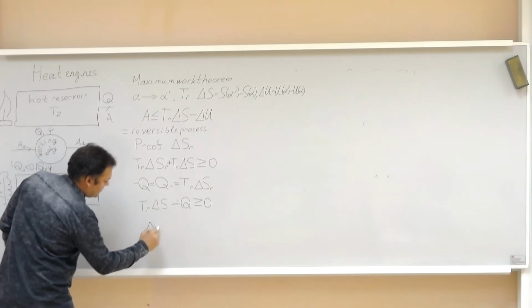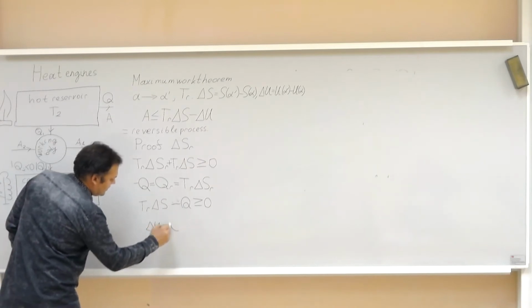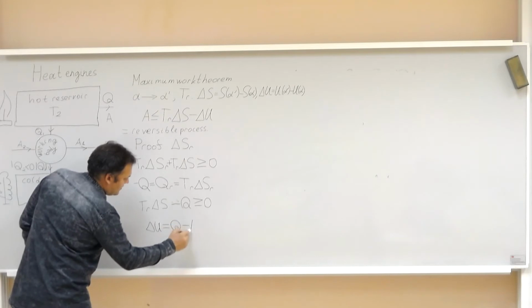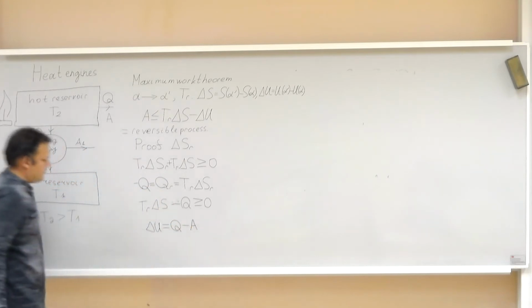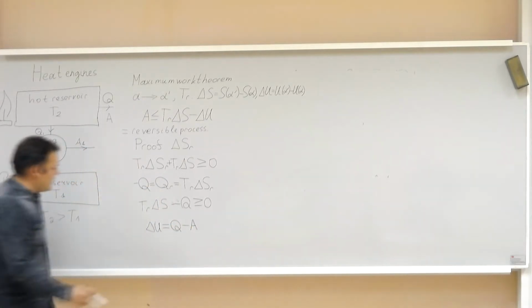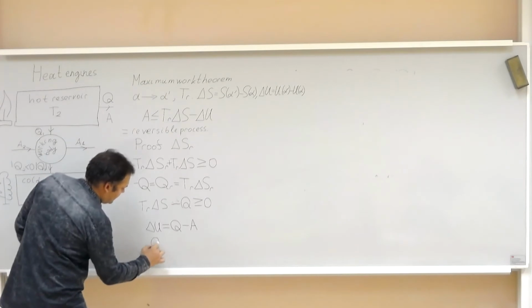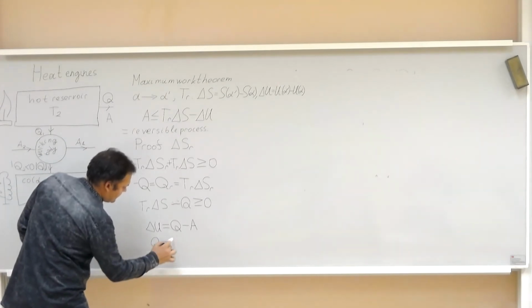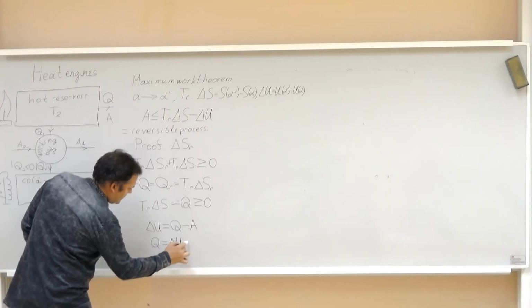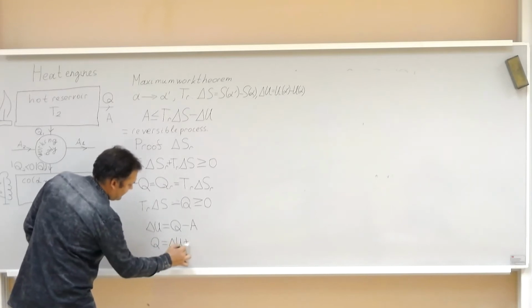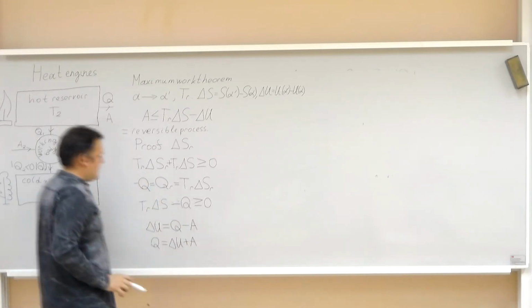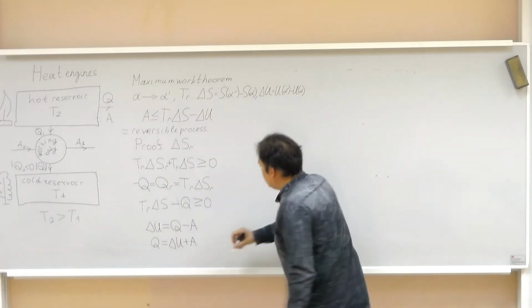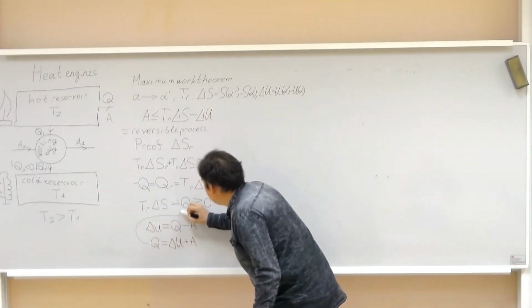Delta U equals Q minus A. From here, we find Q equals delta U plus A. And we substitute this expression here.